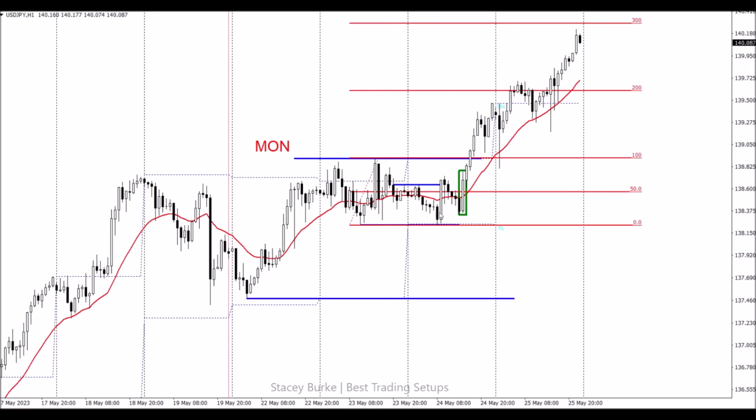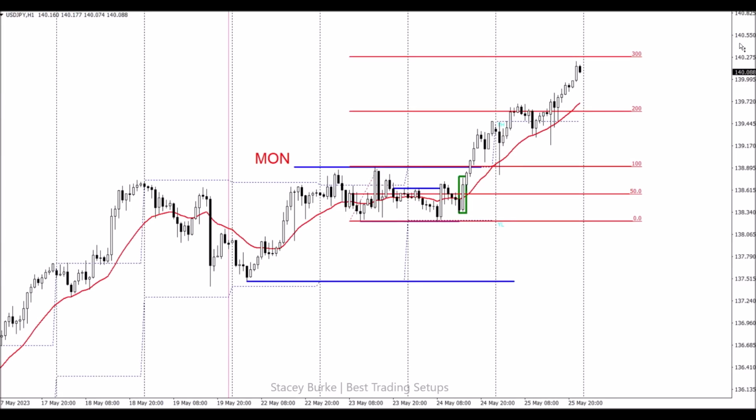Now, when we put our geometrical range expansion tool on there, we've already hit 100% expansion of the range. Traders, again, we're looking to try and short this when we're still on the front side of a market. This is an hourly chart. We're approaching 2 full expansions of the range, and this market could still continue to rise. Again, understanding the importance of front side and back side.